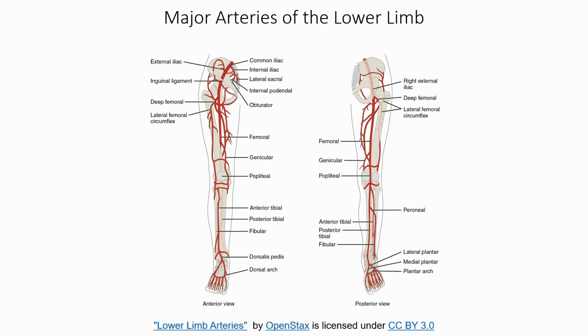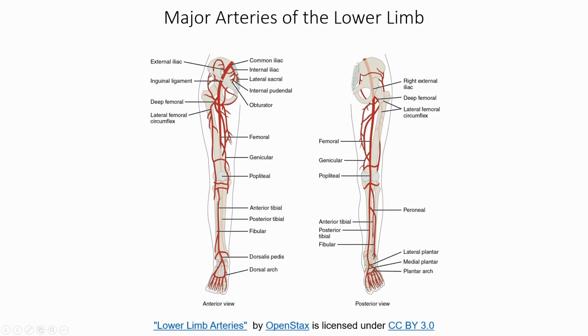If we look at the lower limb, we have the common iliac, which then branches into the external and internal iliac, the lateral sacral, and the internal pudendal, which will be coming from that internal iliac, as well as the obturator. Those three branch from the internal iliac, whereas the external iliac will move down the leg.